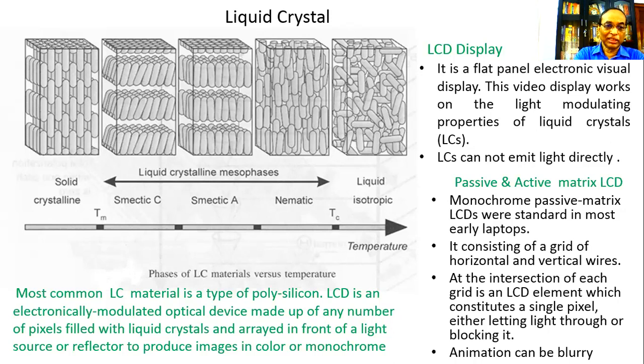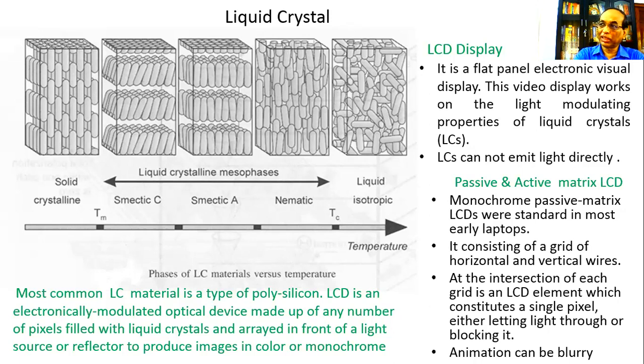LCD is an electronically modulated optical device made up of any number of pixels filled with liquid crystal and arrayed in front of a light source or reflector to produce images in color or monochrome.